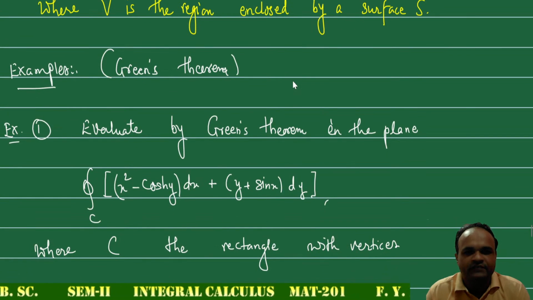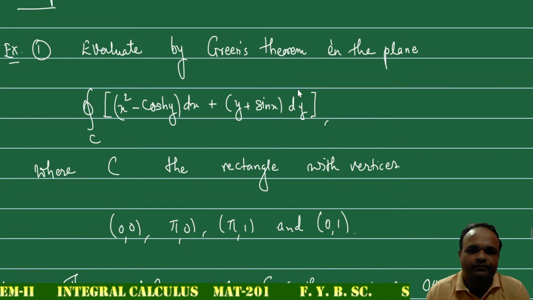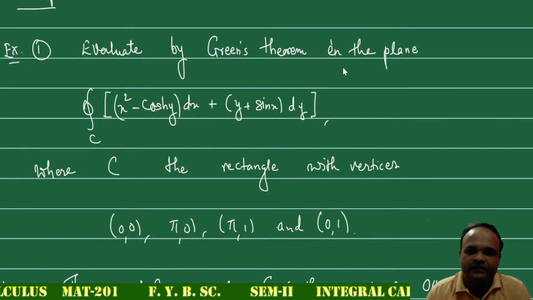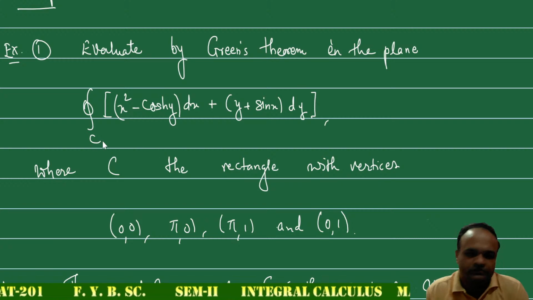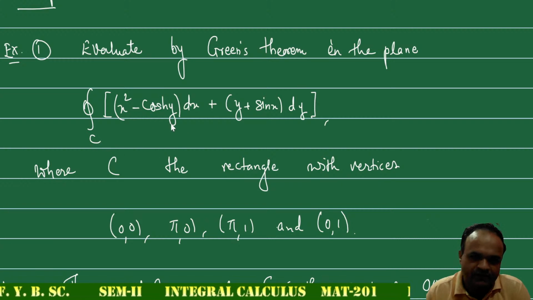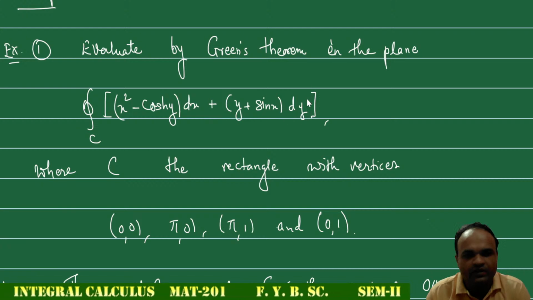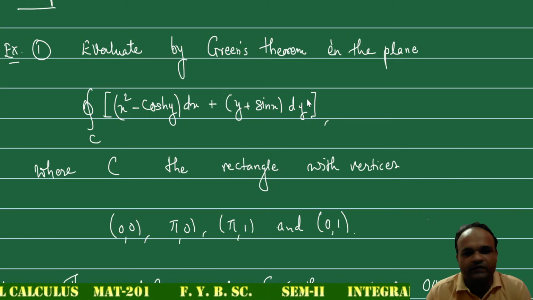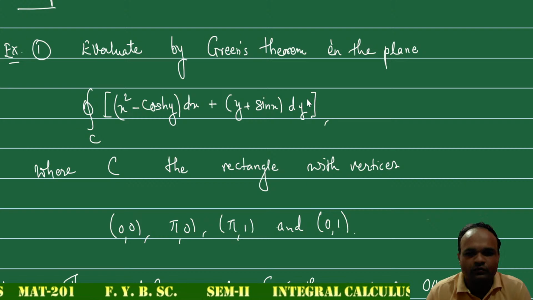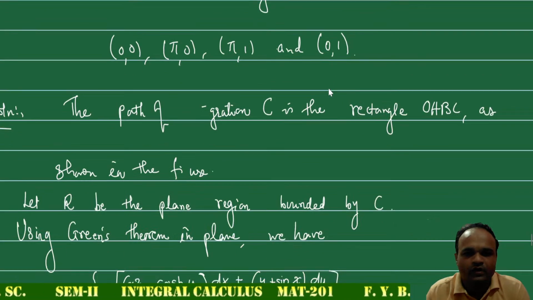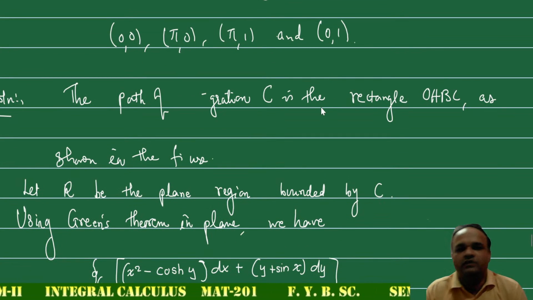So next we will see an example on Green's theorem. The example is: evaluate by Green's theorem in the plane the line integral of (x square minus cos hy) dx plus (y plus sin x) dy, where C is the rectangle with vertices (0,0), (pi,0), (pi,1) and (0,1).